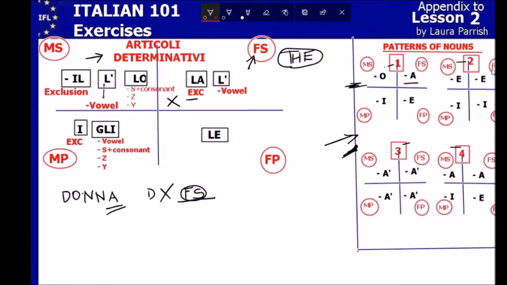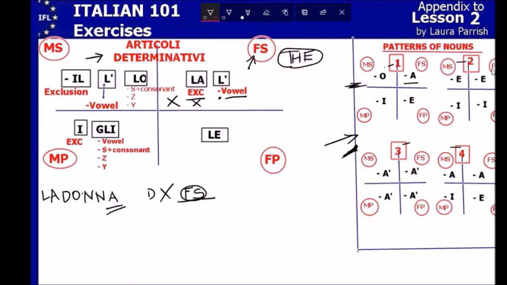This here means exclusion. We always start from the other one. So we go to the other one and we ask, does this word start with a vowel? The answer is no. So because the answer is no, by exclusion, we choose the other article. So the right article is la donna.